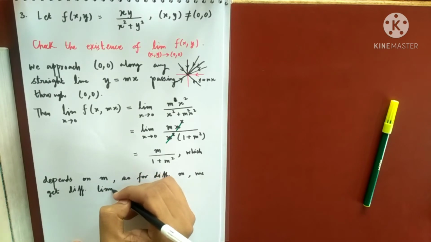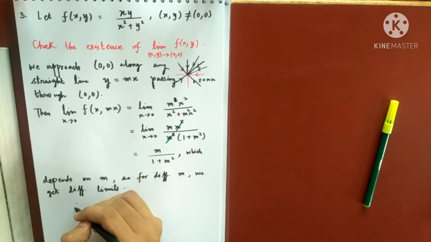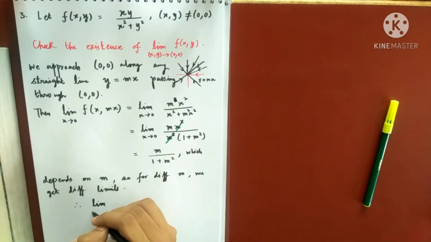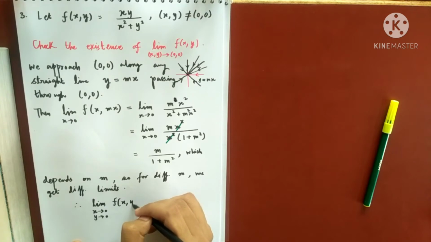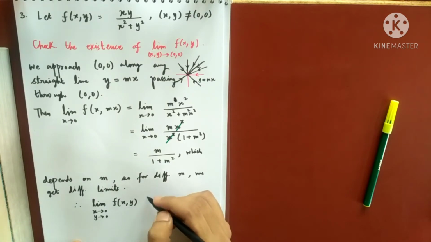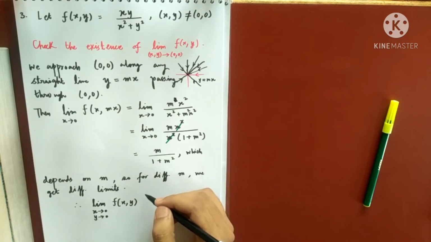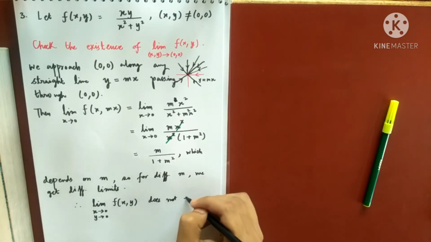So what can I say, that the limit cannot exist? Therefore, limit x tends to 0, y tends to 0, which is same as (x, y) tends to (0, 0), f of x comma y does not exist. So this is the idea.